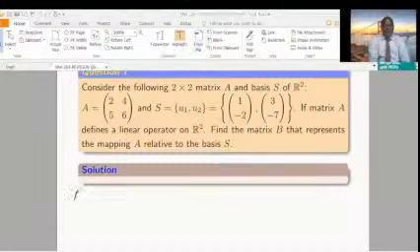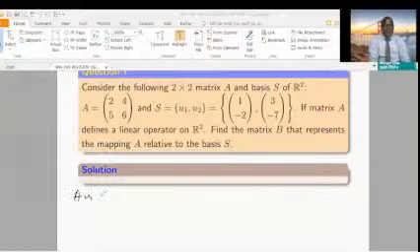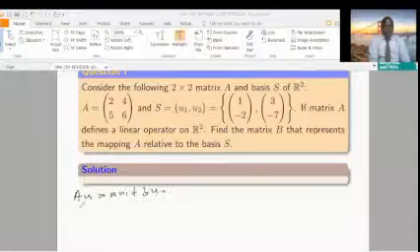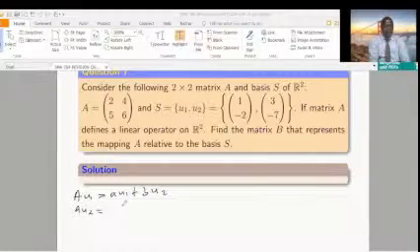What this question wants is for us to find A of U1 and write this as a linear combination of U1 and U2. And then find A of U2 and write this as a linear combination of U1 and U2.